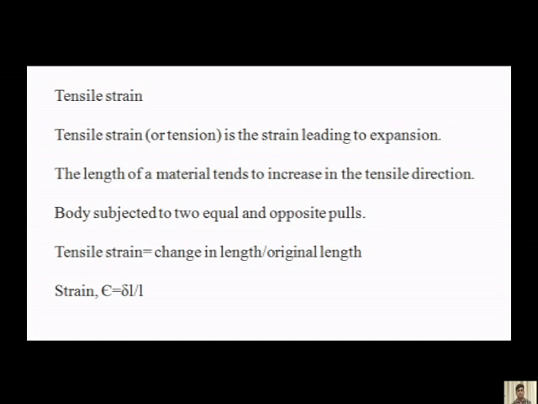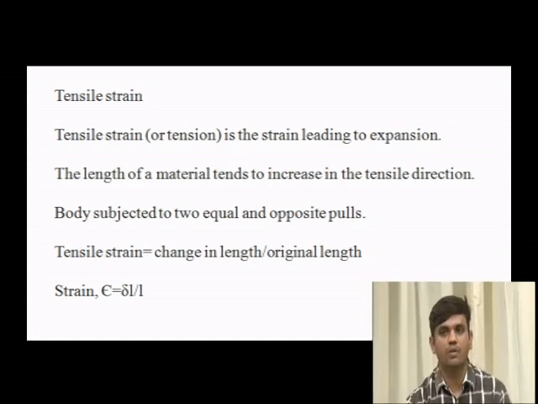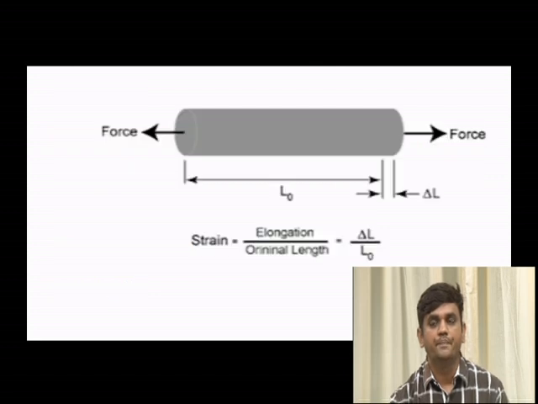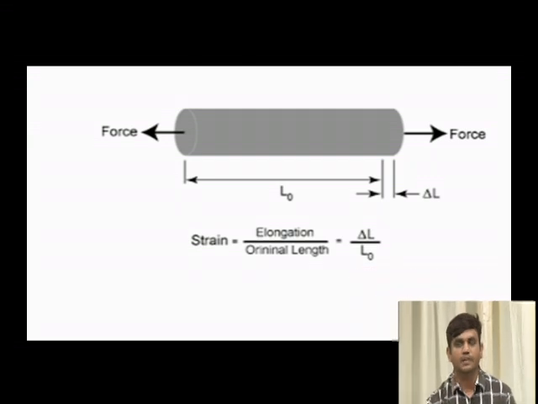So therefore tensile strain can be further defined as the change in length divided by the original length. This is the main basic definition of strain, and it is going to continue with all the types of strains. As strain is the change in length divided by original length, the formula also remains the same: epsilon is equal to delta L divided by L. Example, tensile force.